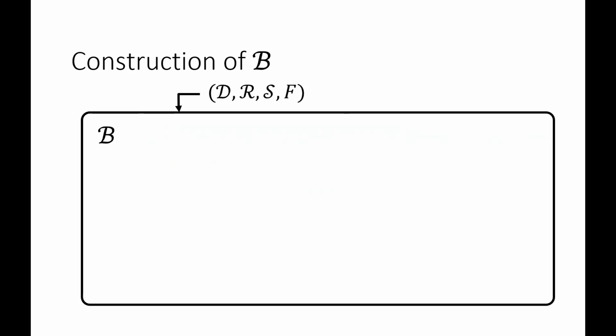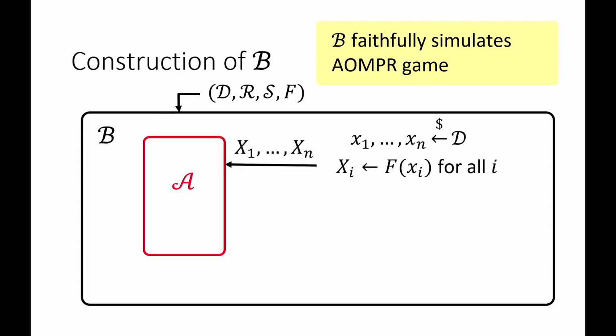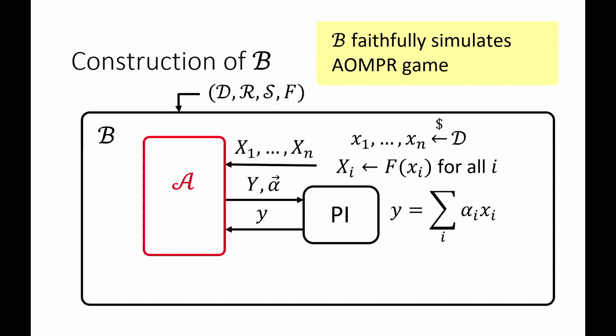The construction of B is straightforward. The idea is that we just let B run A faithfully by simulating the algebraic one-more PR game. More precisely, B initially samples n challenges and sends them to the adversary A, and then for each PI query, it answers exactly the same as in the one-more PR game.